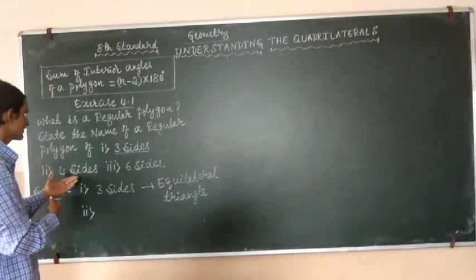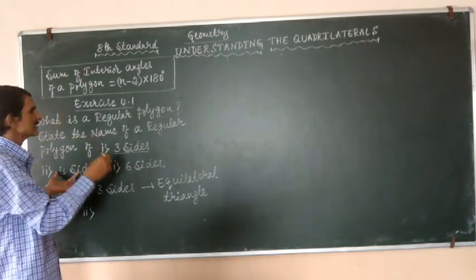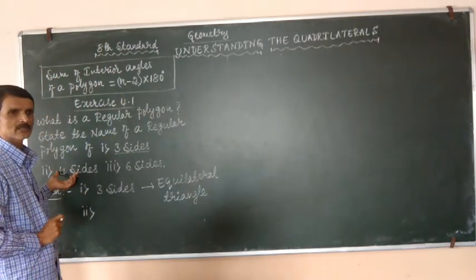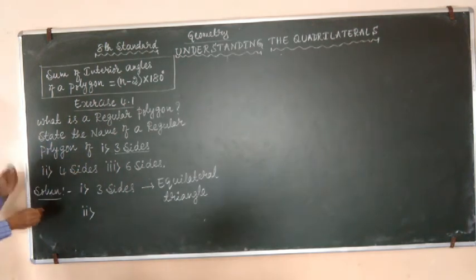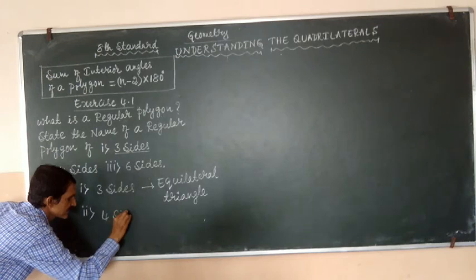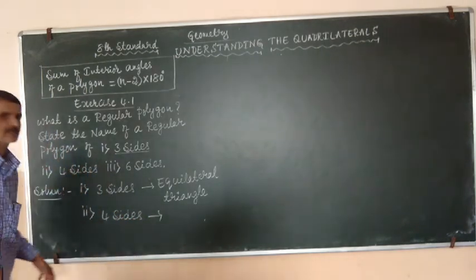But here we have to write the type of quadrilateral that is regular. With 4 sides, it is a quadrilateral.